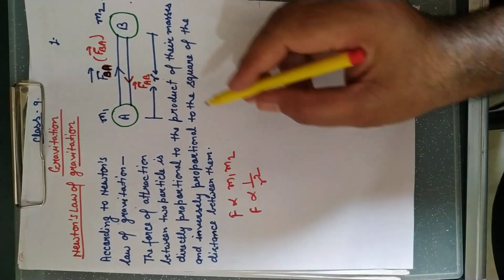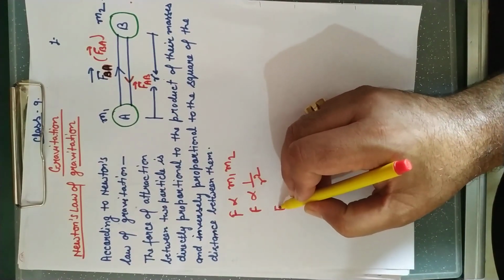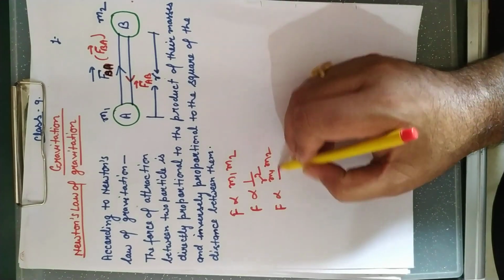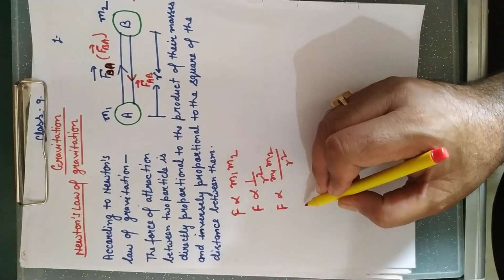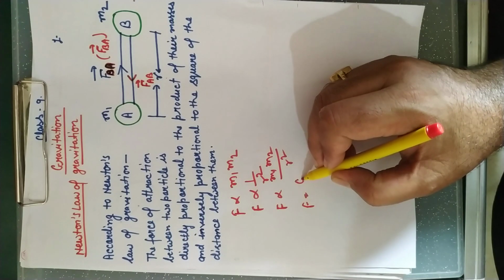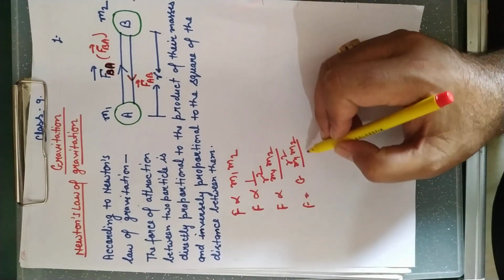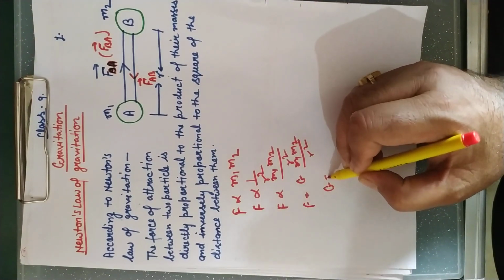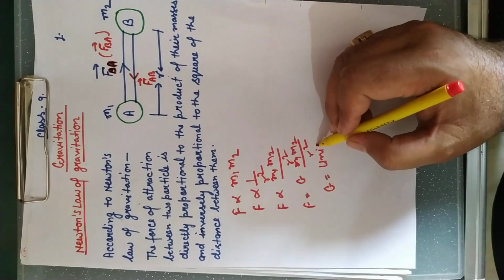So according to these two points, F is proportional to m1 m2 by r square. The proportionality sign should be replaced by a constant, and here we use the proportionality constant capital G: F equals G m1 m2 by r square, where capital G is called the universal gravitational constant.